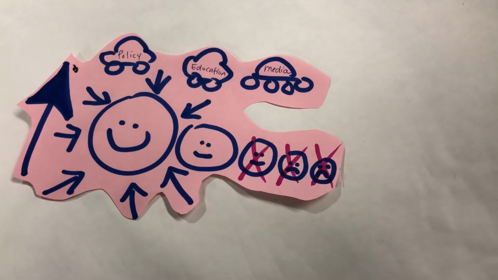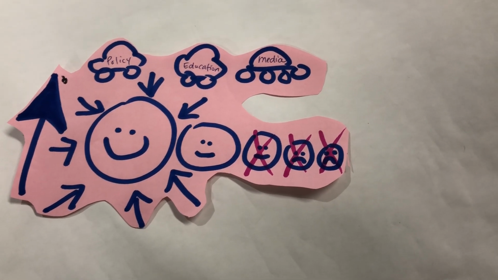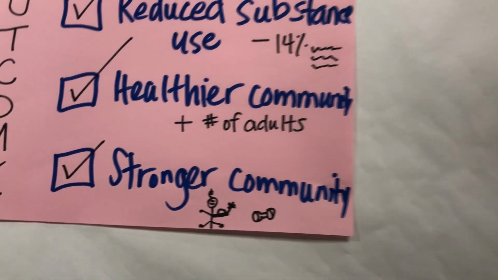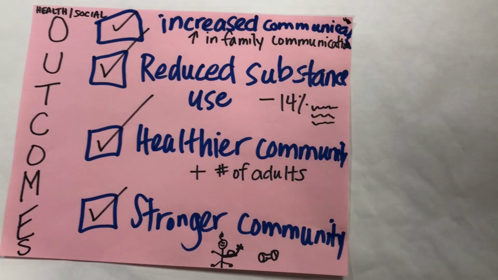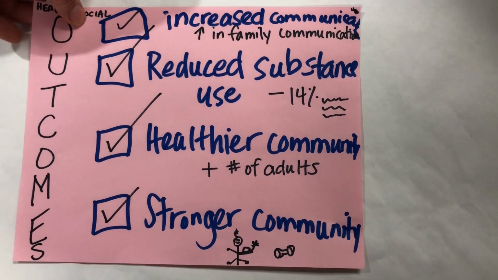And what we want is we want outcomes that are focused on the community improving our health and social outcomes, such as increasing family communication, reducing substance use, building healthier communities, and building stronger communities. And that's something that everybody can get behind.